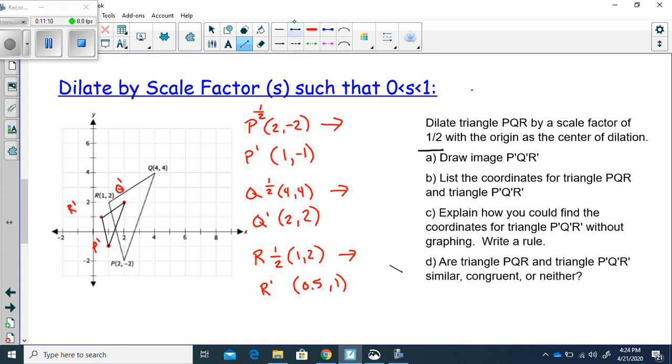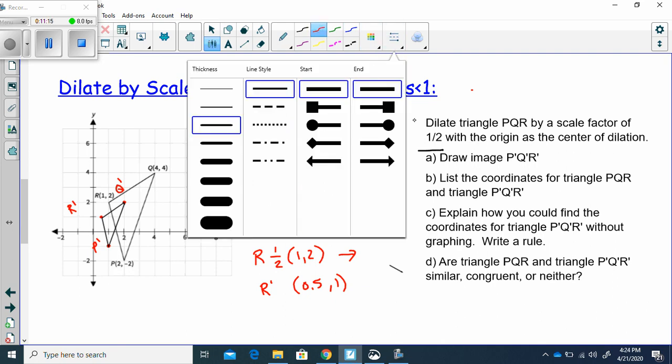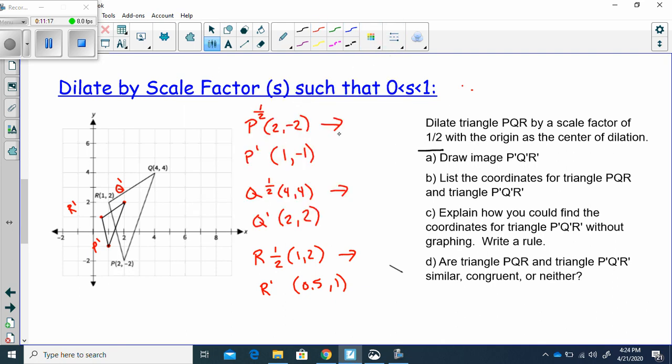Notice our dilated triangle is smaller, isn't it? It also moves closer to the center of dilation. Whenever you dilate it by a fraction that's less than 1, your image will be smaller and it's going to move closer to your center of dilation.